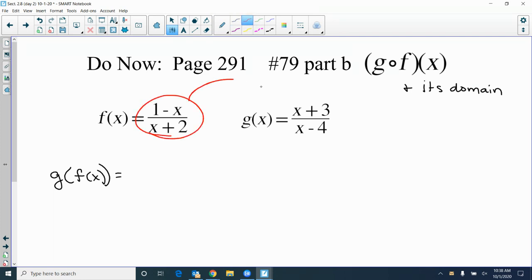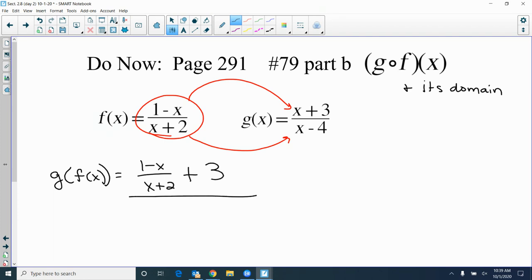So you take that, and it goes in for this x, and it goes in for that x. Everywhere there's an x, you plug in that entire function. So we're going to have 1 minus x over x plus 2 plus 3 over 1 minus x over x plus 2 minus 4. There are 2 different ways to do this.